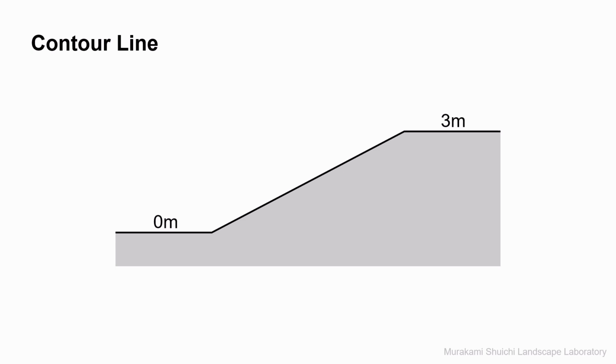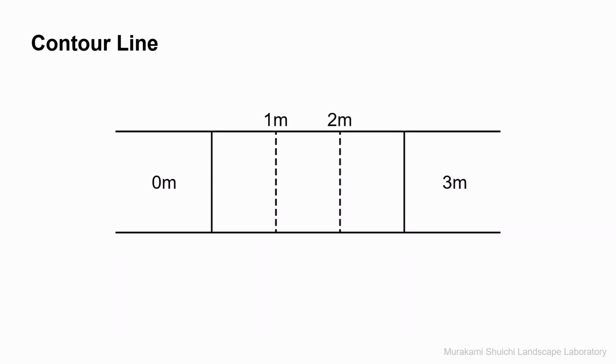Let us assume that the lowest point of the ground is at an elevation of 0 meters and the highest point is at 3 meters. Within the sloped portion, there are points at elevations of 1 meter and 2 meters as shown here. When this situation is represented in plan, it appears like this. The 1 meter and 2 meter elevations within the sloped area emerge as lines in the plan.